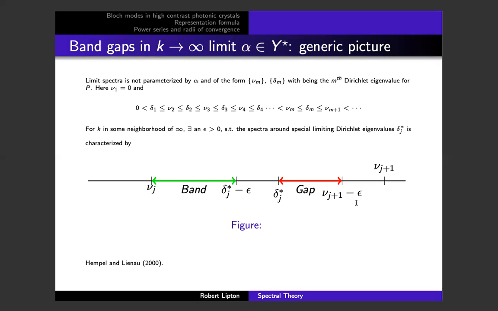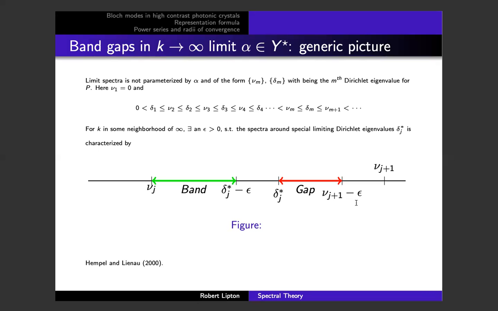There's a separation, and everything sorts itself out. What I've shown here is this interlacing, delta 1, nu 1, delta 2, nu 2. There's a slight difference between the deltas and the nus, which I'll get to in a minute, but they're all Dirichlet. Well, almost all of them are Dirichlet eigenvalues.